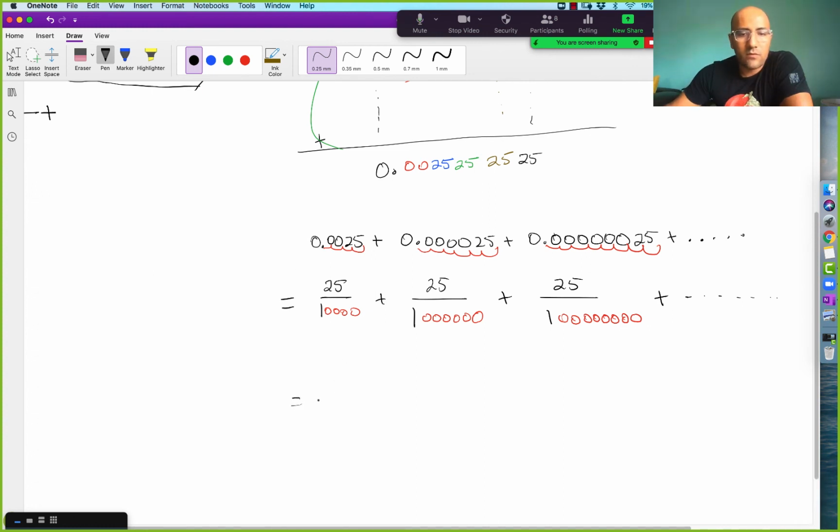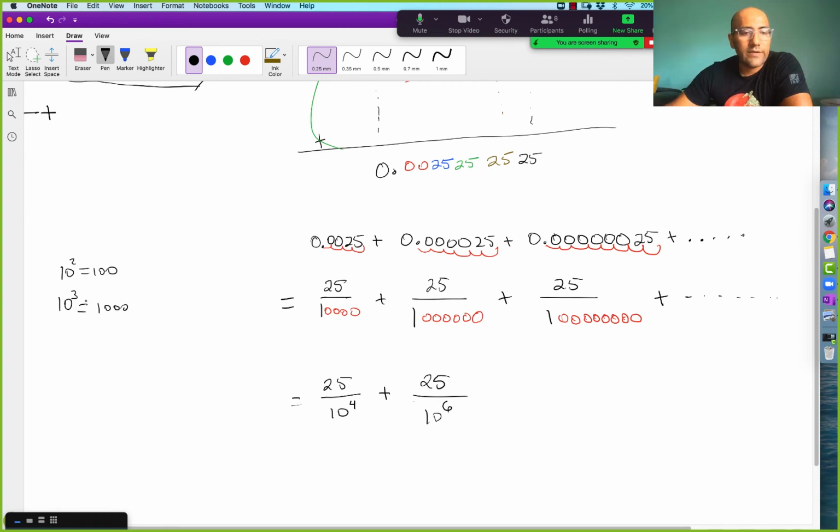This one is going to be equal to 25 over 10 to the power of 4. And this one is 25 over 10 to the power of 6. Notice that's one of the properties of powers of 10. 10 squared is 100, 10 times 10 is 100, and 100 times 10, if you have 10 $100 bills, you have 1,000. 10 to the power of 3 is 1,000.